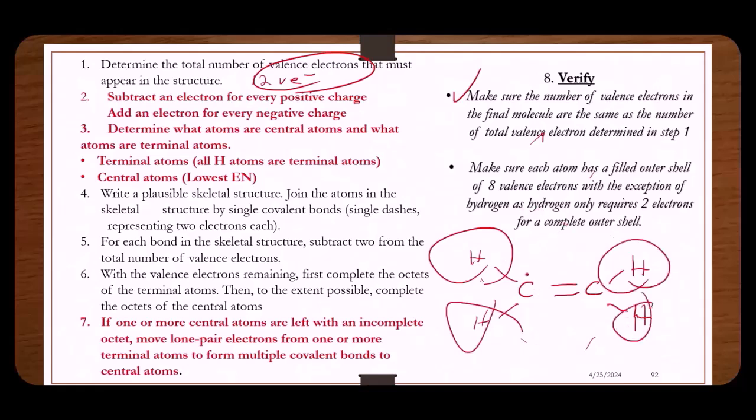And each carbon has 8 valence electrons from each bond. This carbon has 2, 4, 6, 8, and this carbon has 2, 4, 6, 8. So this carbon has met the requirements of 8 valence electrons. So the second part is met, and finally you can say the requirements for a proper Lewis structure have been met.